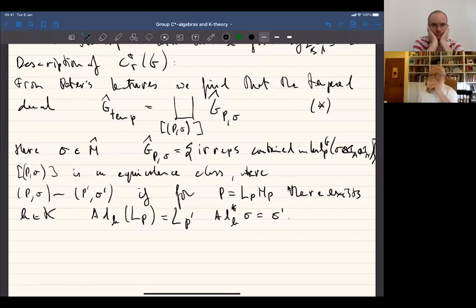So this gives us a description of the tempered dual in terms of these induced representations.